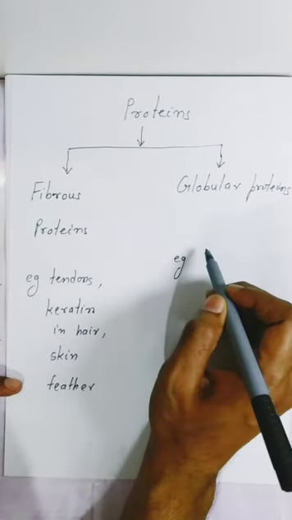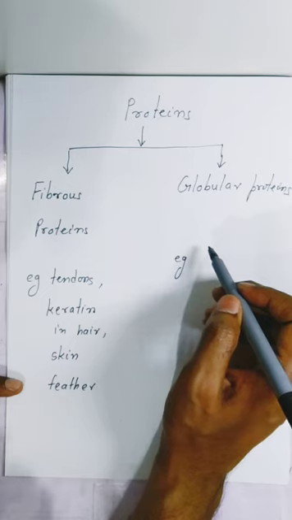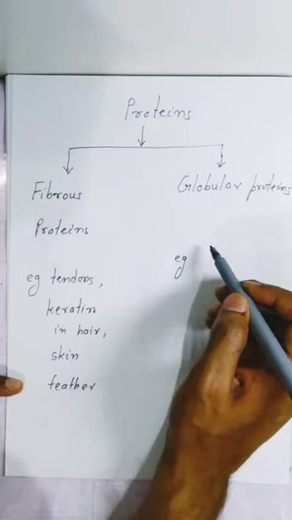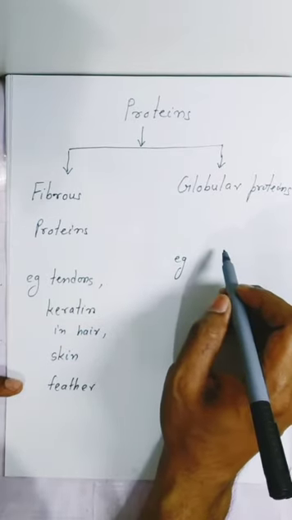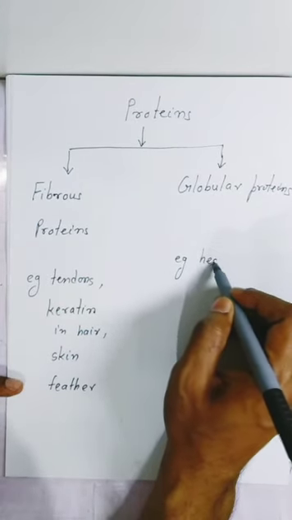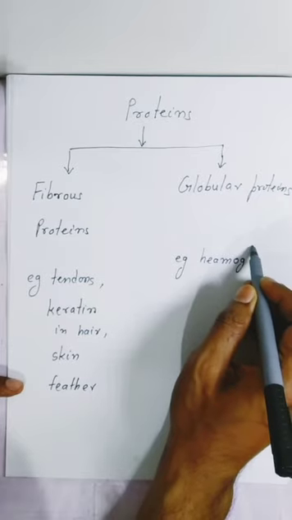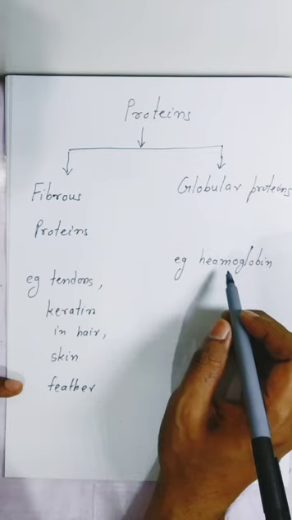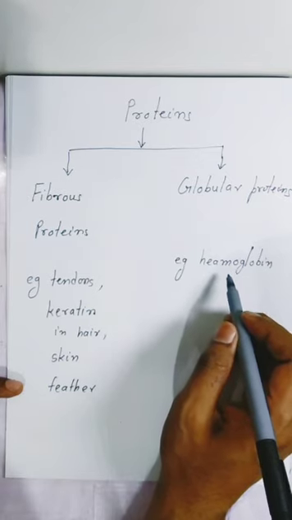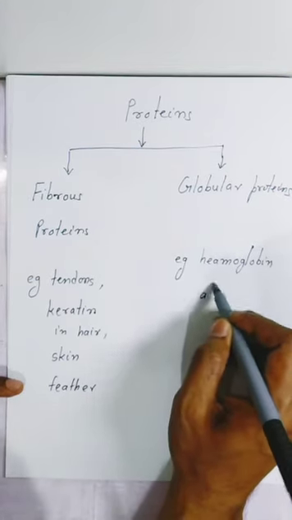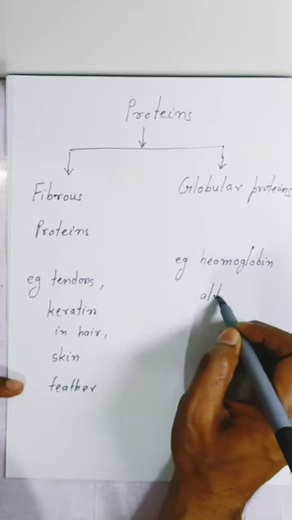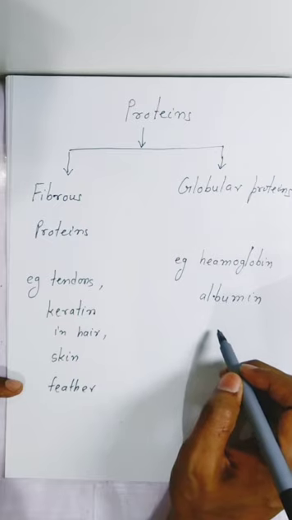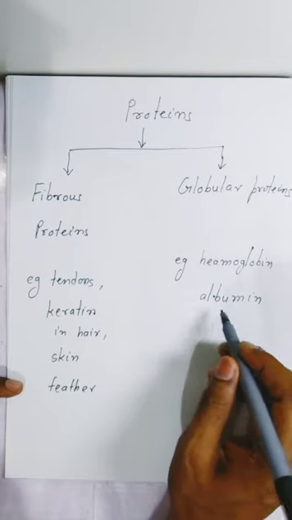Now what about globular proteins? We have, students, the structure of proteins present in hemoglobin, albumin, insulin.